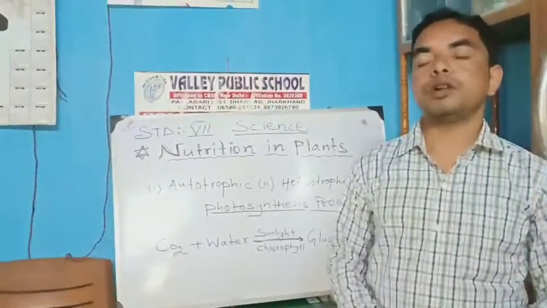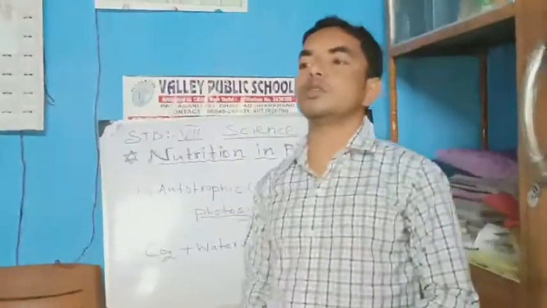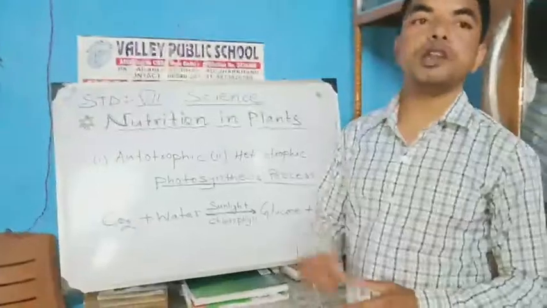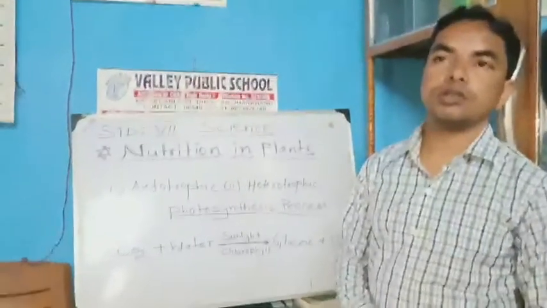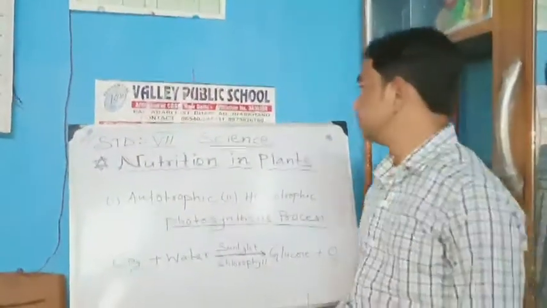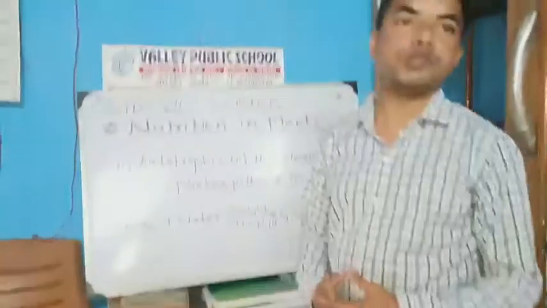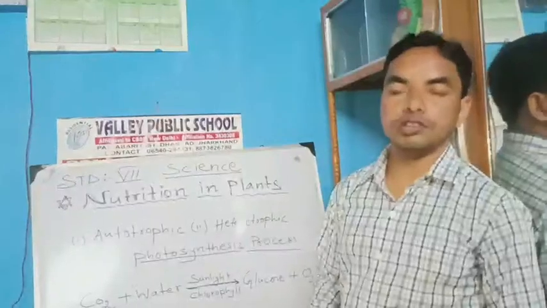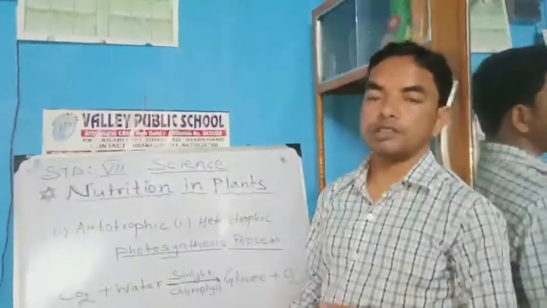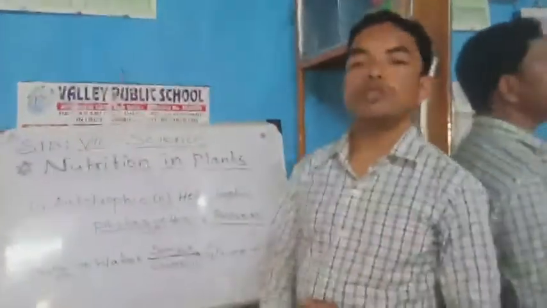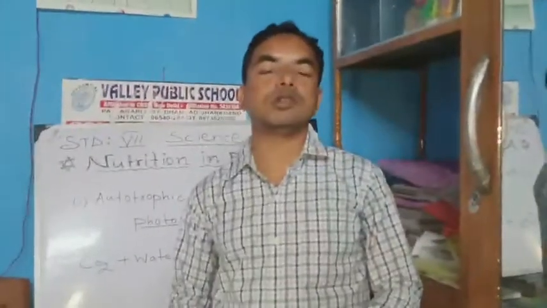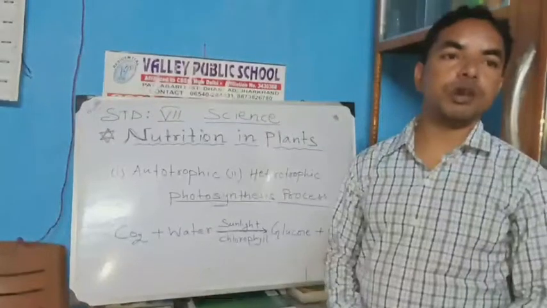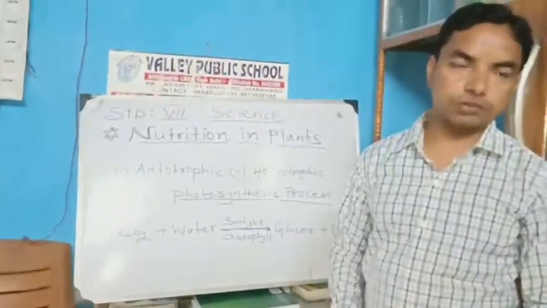A relationship between two organisms that benefits both is called symbiosis, and this kind of relationship is called a symbiotic relationship. For example, rhizobium and lichen are examples of symbiotic relationships.